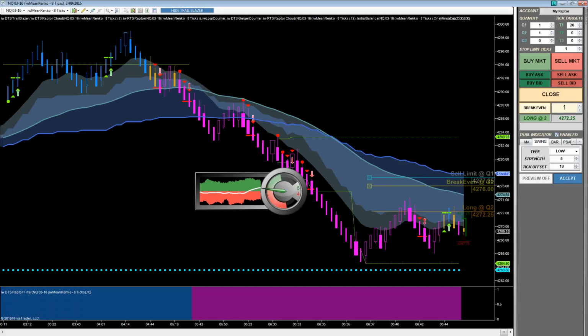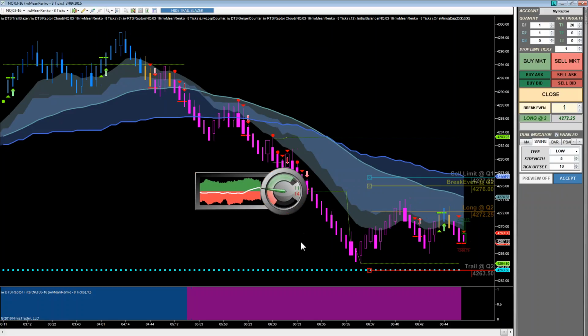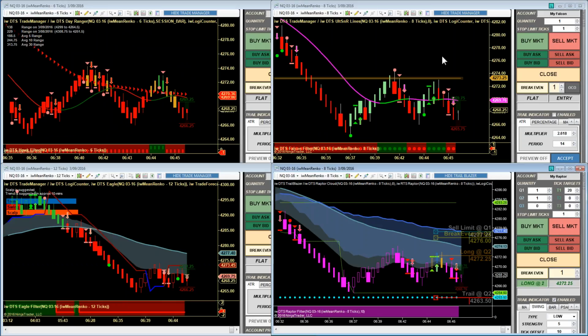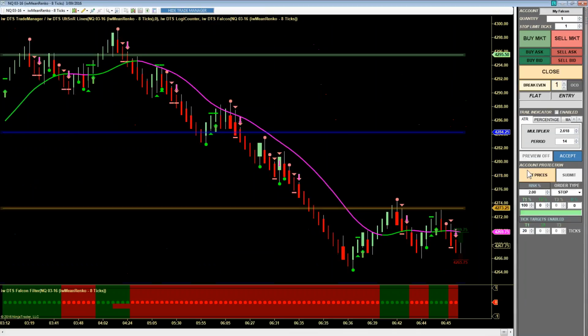I want my stop down there. Now what I'm using here is the Trailblazer. The Trailblazer is a trade management tool. On the other birds, I happen to have the Trade Manager. The difference between the Trade Manager and the Trailblazer is this component right here, the risk component.